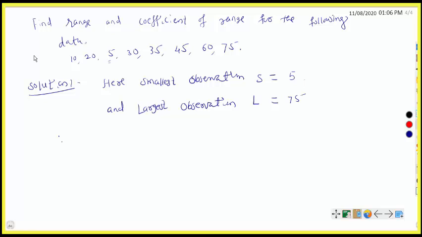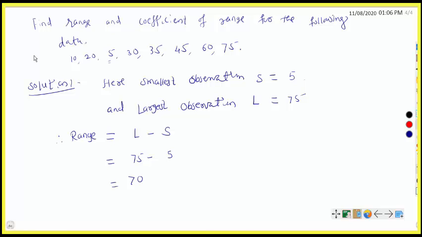Therefore range is equal to largest minus smallest observation. This is equal to 75 minus 5. So this is equal to 70. So range is 70.